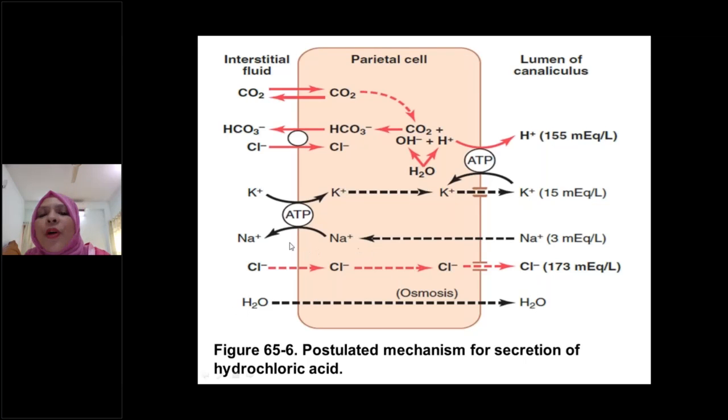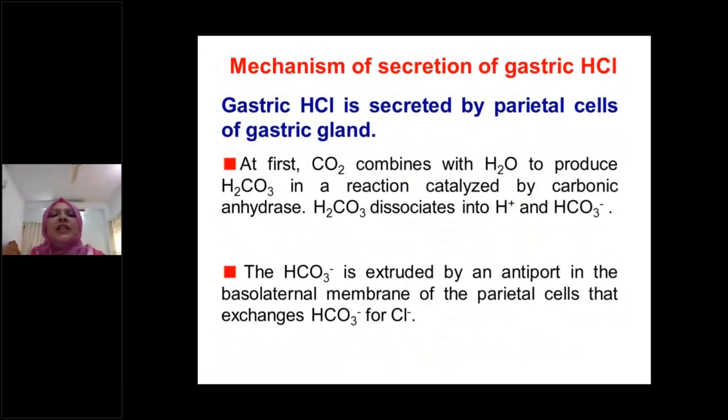This is the figure from your textbook. Now I will discuss the mechanism from Ganong. At first, carbon dioxide combines with water to produce carbonic acid in a reaction catalyzed by carbonic anhydrase. This carbonic acid dissociates into hydrogen ion and bicarbonate.